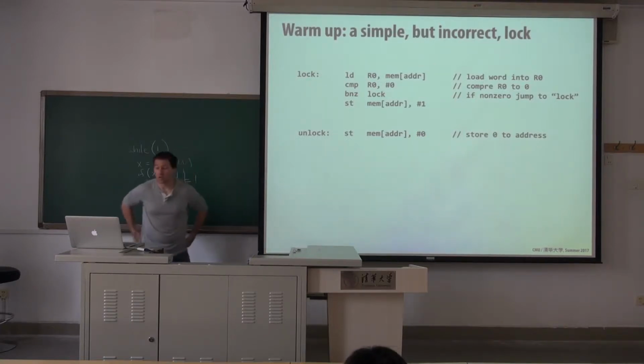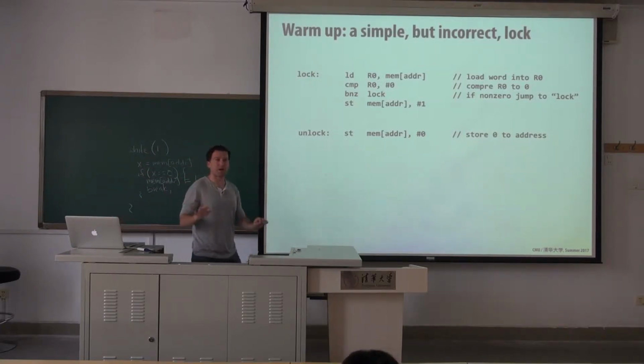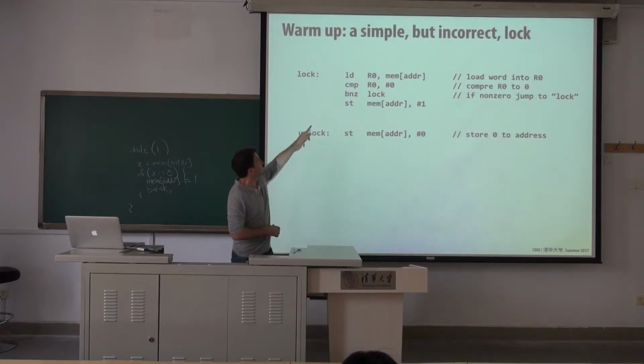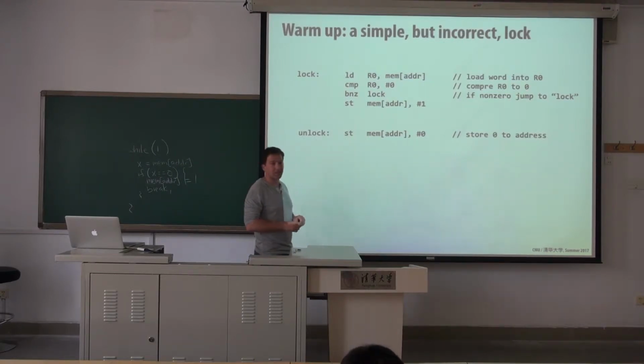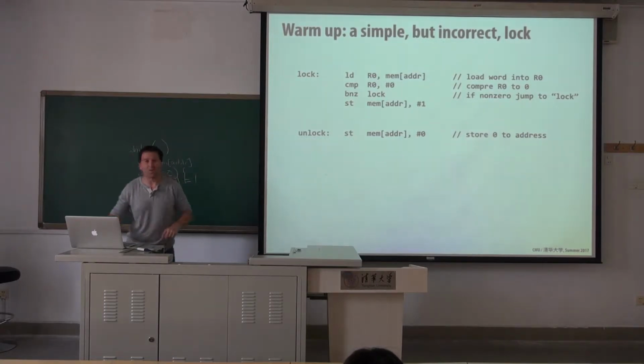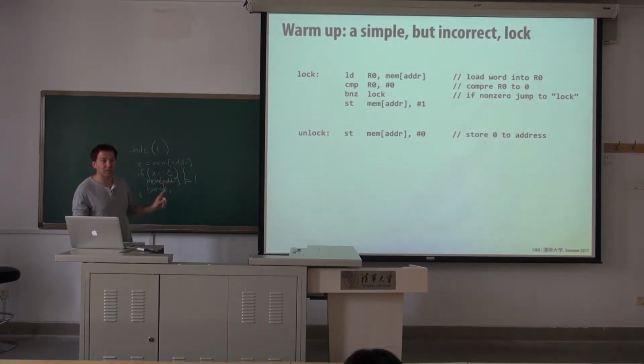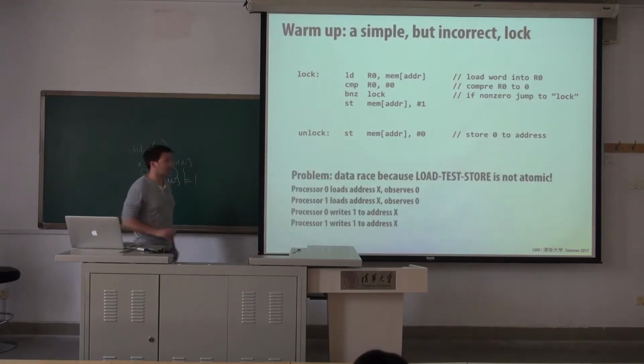Okay, got it. Correct. So the real problem here is that this sequence of instructions, the load, the compare, and the store, are not atomic. So let's think about what can happen if this is supposed to be a lock, and a processor is just executing these instructions.